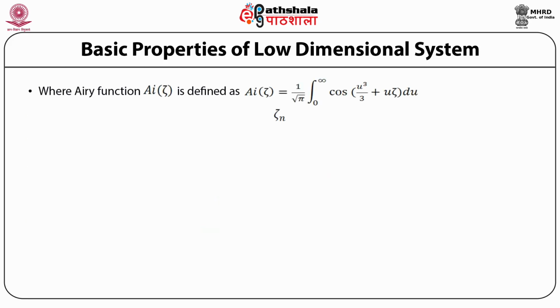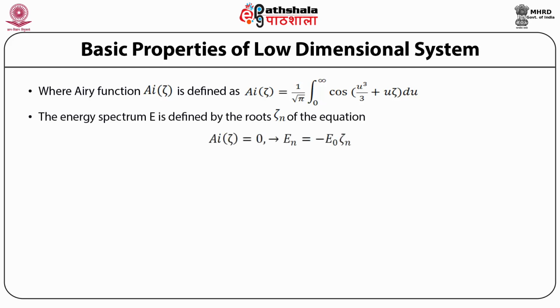So this Ai(ζ) is the Airy function, which is defined as Ai(ζ) = (1/√π) multiplied by the integral from 0 to infinity of cos(u³/3 + uζ) du.